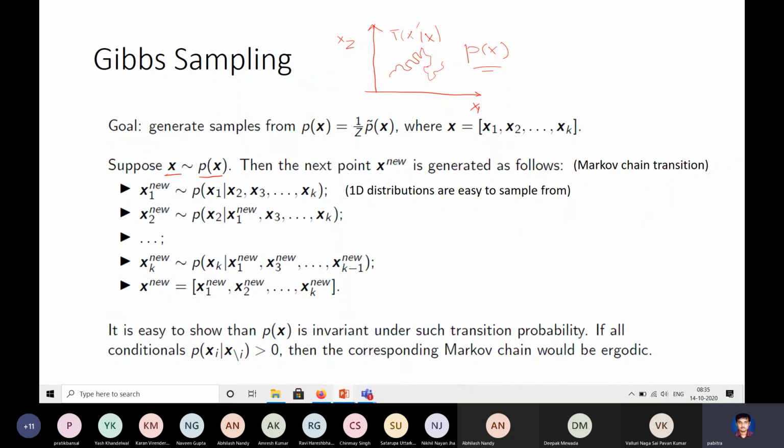I'll describe a scheme which is particularly suitable when this Px is a high dimensional distribution.